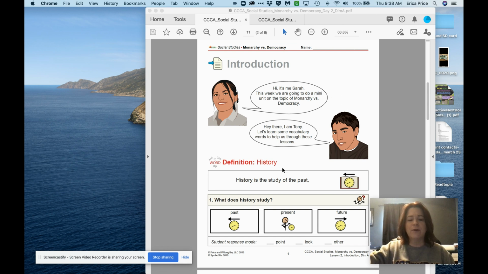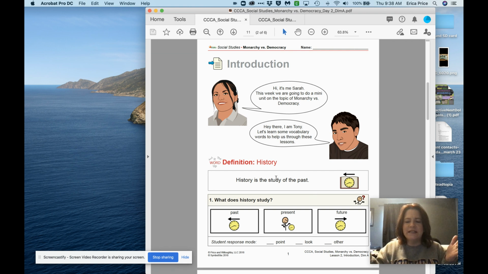Our first vocabulary word is history. You see it right here, history. I'm going to highlight the word. History. What is history? History is the study of the past.